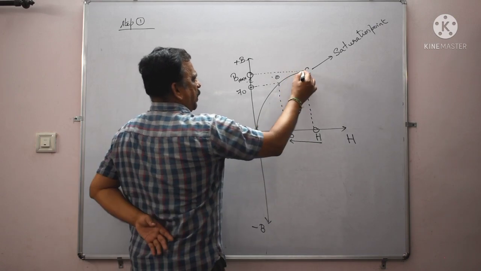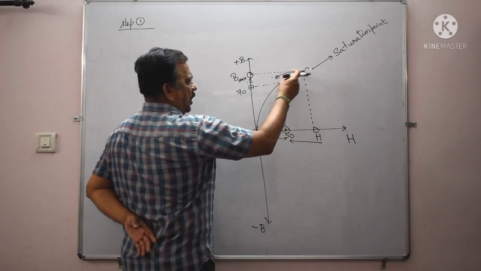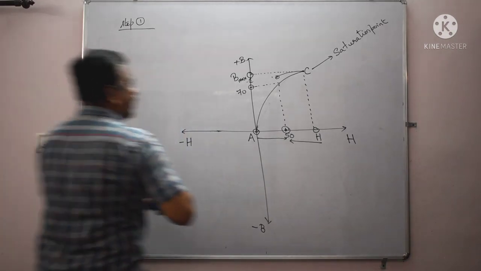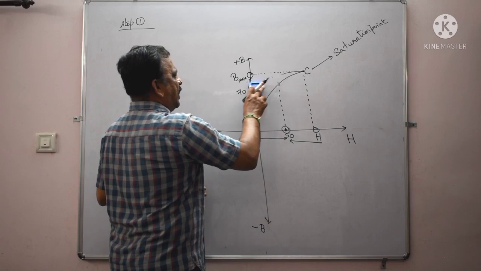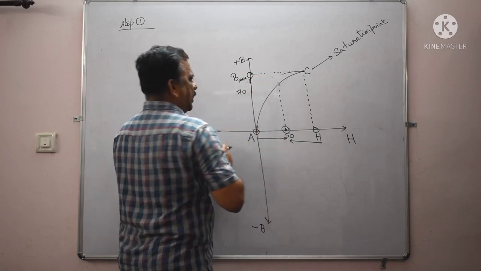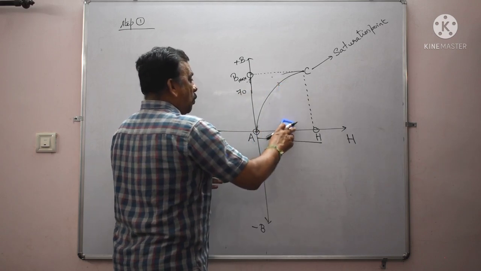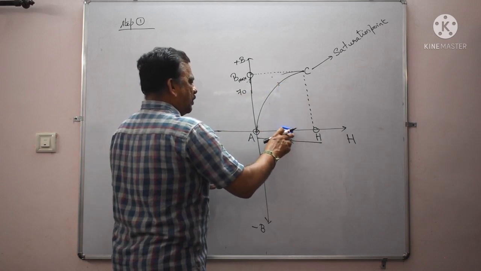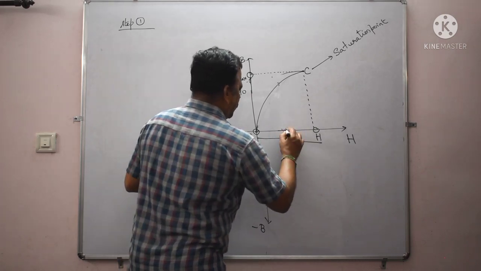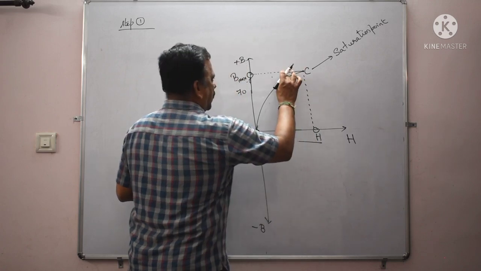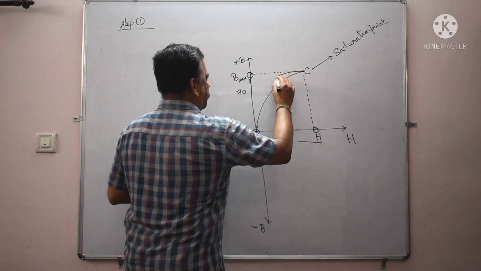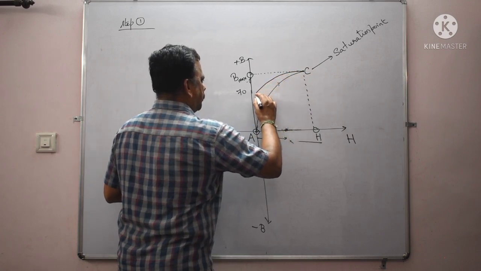If I join C to this point, you can see the curve is not retracing its path. So due to the property of hysteresis, the ferromagnetic material will retain more magnetic field during the decrease of H than during the increasing process, right? The magnetic field will gradually decrease, but following a different path.